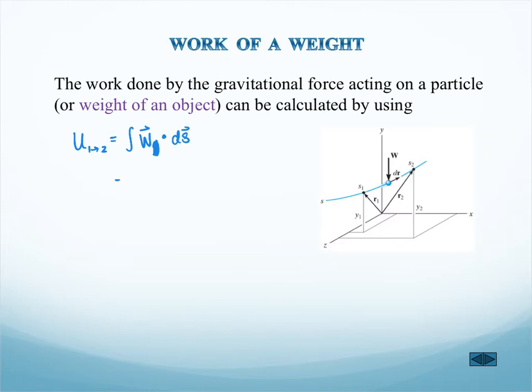Now, in this case, it might make more sense to write the weight as minus mg in the j-hat direction. And then the ds, if you look here, has an x component and a y component, because as it's moving from point S1 to S2, it's absolutely changing its x-coordinate and its y-coordinate.